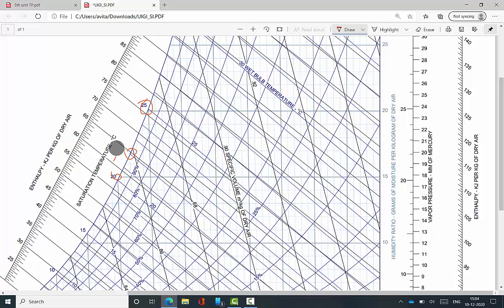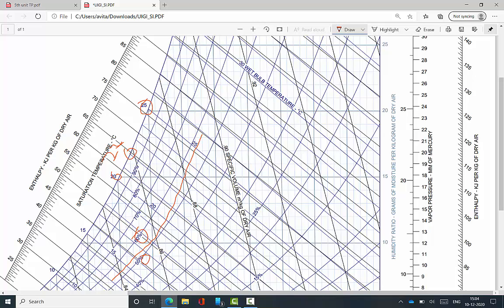I approximately say this is the wet bulb temperature of 22. Similarly, for relative humidity, those are 50 and 60, but I need 55. That line lies in between like this. I can approximately assume, or I can draw that in between value.